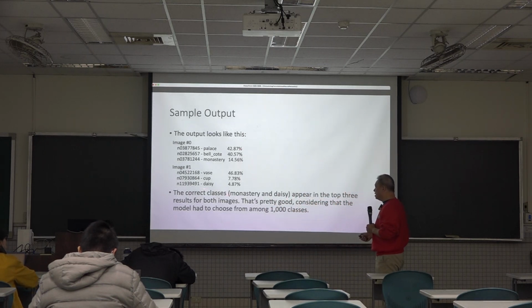That shows that ResNet 50 performs very well. But you can see Daisy is only 4.87%, and Monastery is also the third one, only 14.56%.